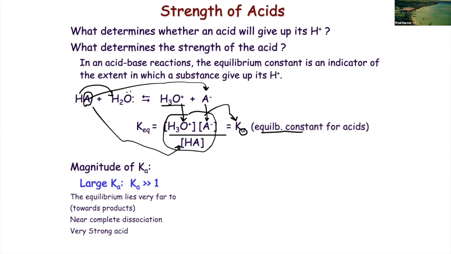But what I want to explain here is that this constant tells you the ratio of the products over the reactant. So if the product is greater than the reactant, then this ratio is going to be greater than 1. Okay? Because if we have 10 over 1, isn't 10 over 1 greater than 1?